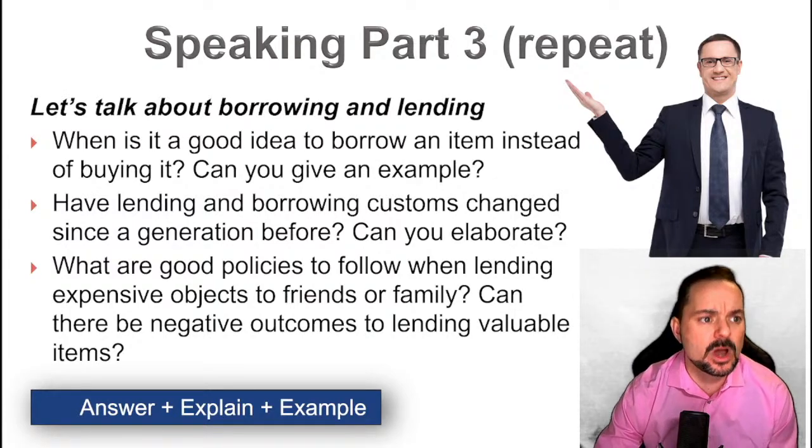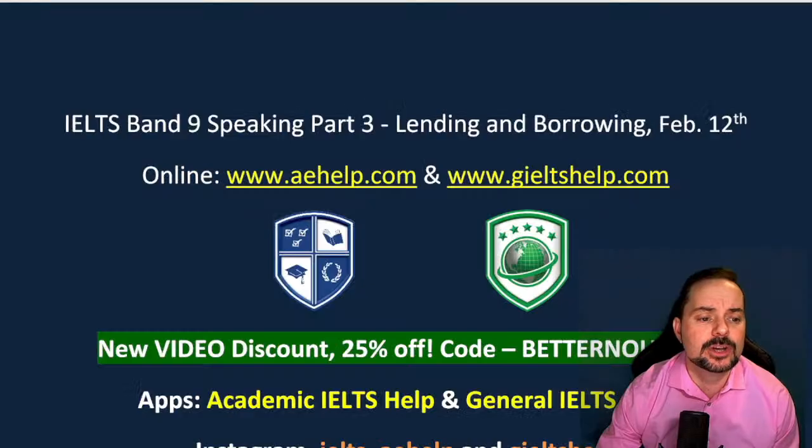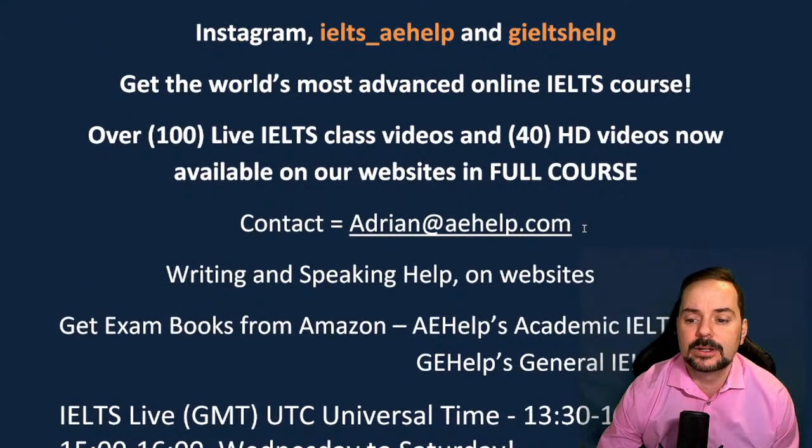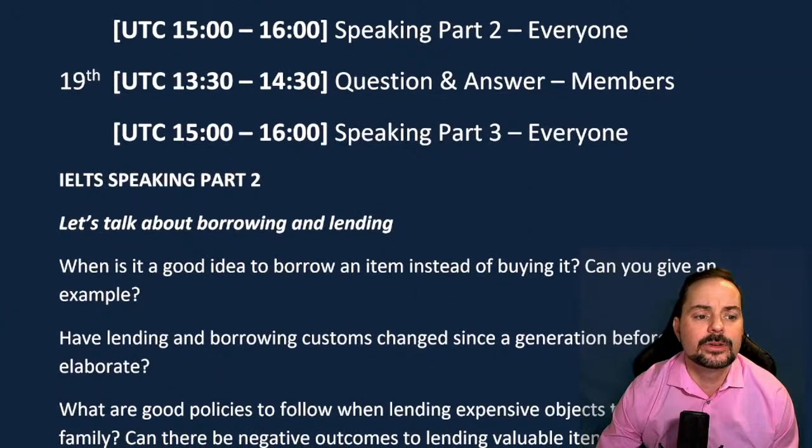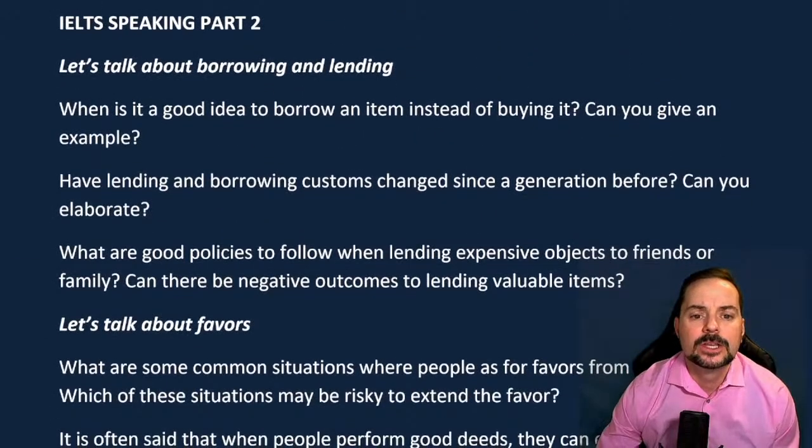All right, students, let's practice this a little bit together first. So let's jump over to our syllabus here. Again, if somebody has a question, you can send me an email to adrian@aehelp.com. And here are the questions again.